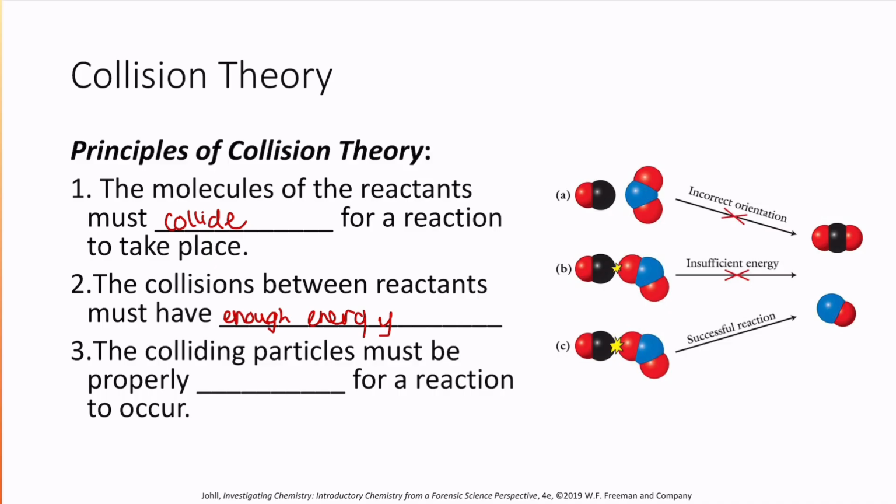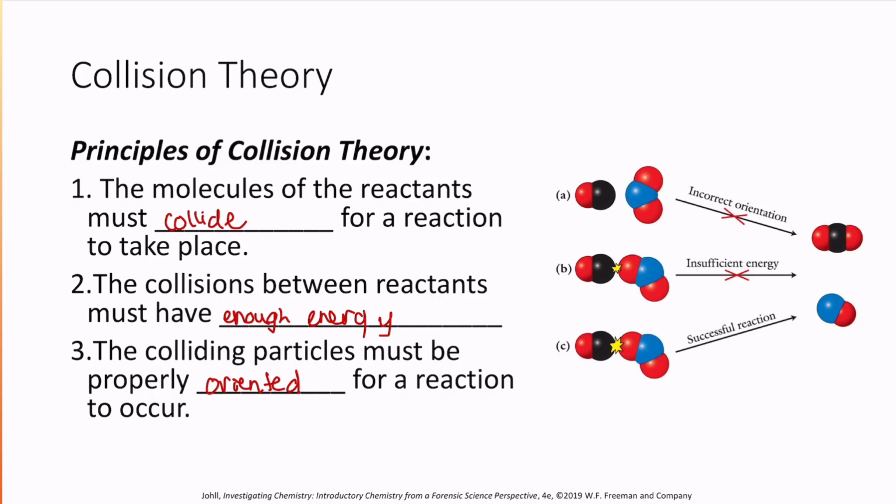Before we can even have a reaction, they have to collide, and they have to collide with enough energy. And finally, the colliding particles must be properly oriented in order for a reaction to take place.